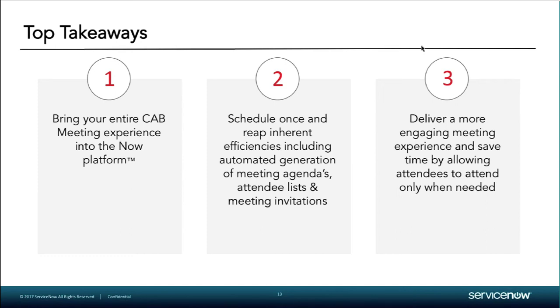Ed comments that he thinks it's a nice feature to organize other meeting types. Is it possible to select other agenda items besides changes? In the CAB Workbench, no. But what we did when we built the CAB Workbench is we extended the CMN schedule table and created a generic definition table and a generic meeting table.